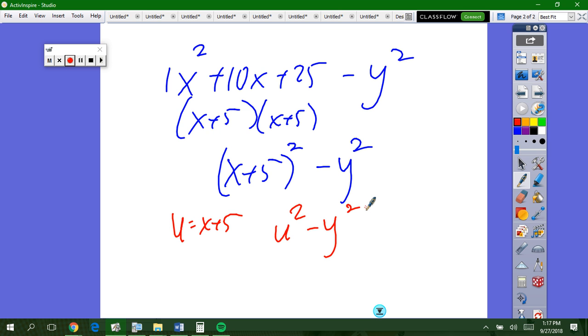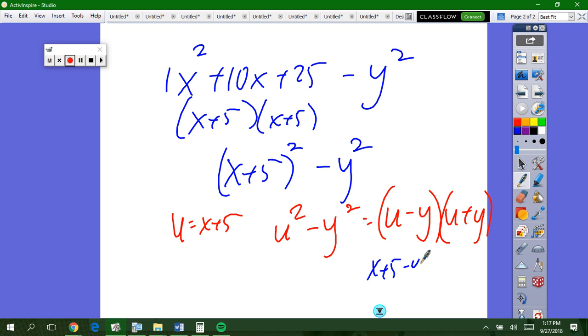And then that becomes u minus y, u plus y. But who is my u? So this is x plus 5 minus y and x plus 5 plus y. Difference of squares going to conjugate pairs.